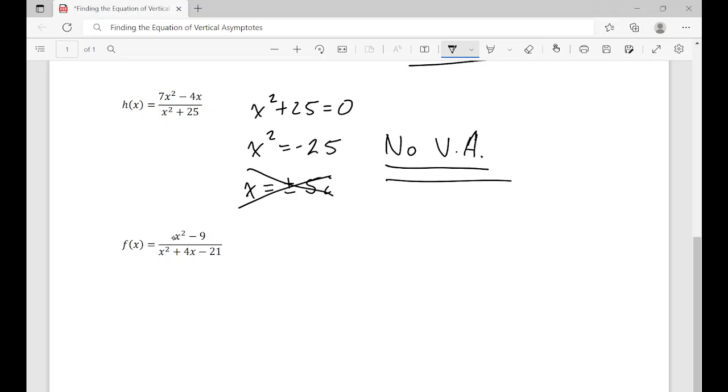Last, f of x equals x squared minus 9 over x squared plus 4x minus 21. And here, I can do some simplification. The top is a difference of squares, so I can say this is x plus 3 and x minus 3.